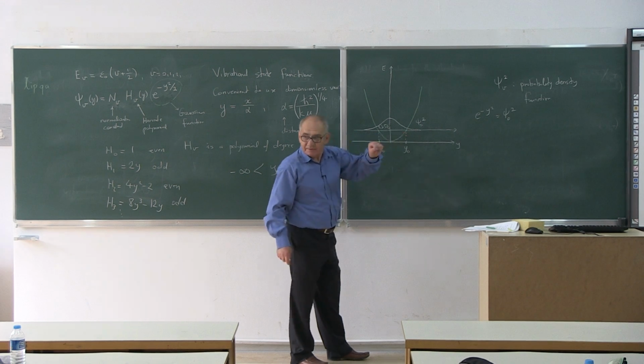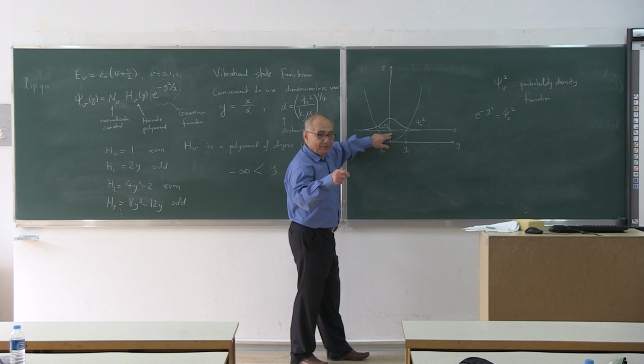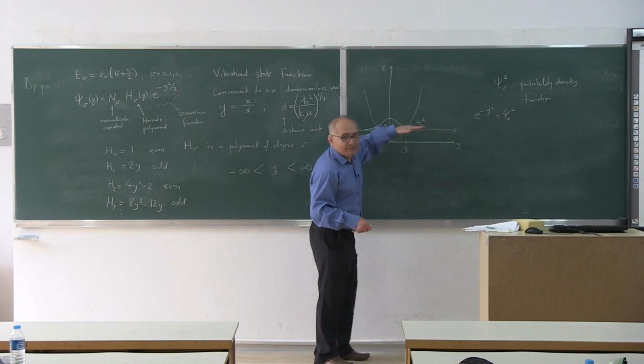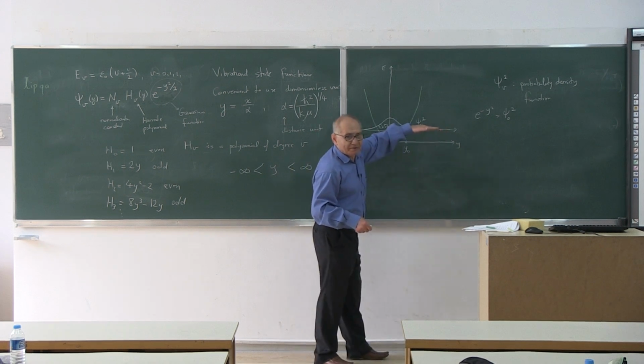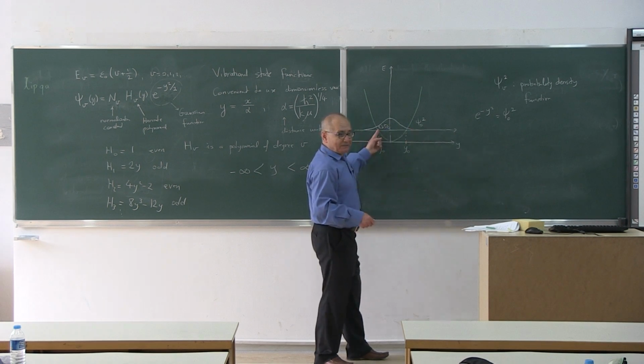We had discussed that. Classically, if this vibrating particle has this energy, then the maximum extension is this point. It cannot proceed further to the right. And also, this is the left turning point.